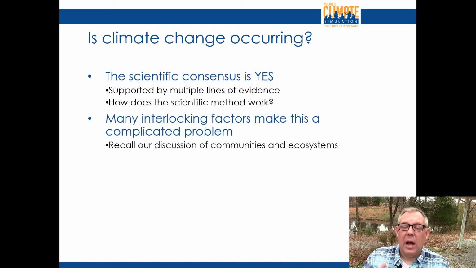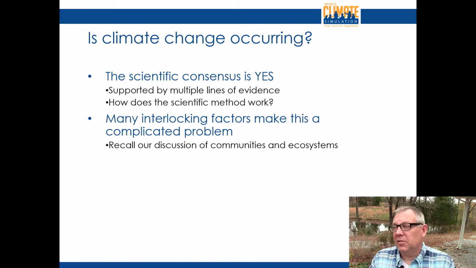It is a very complicated problem. We can talk about fossil fuels and carbon dioxide, but there's many, many aspects to climate change that we need to study. And if we're trying to figure out ways to stop it or even reverse it, that's a very complicated problem. Lots of moving levers. So remember our discussion about ecosystems and communities, and we had a simple model where you've got lots of things.